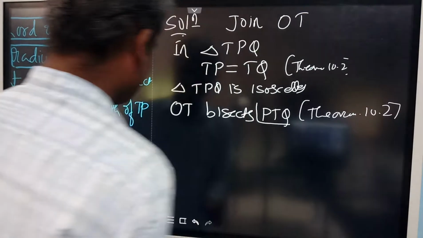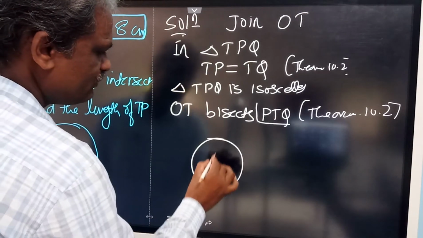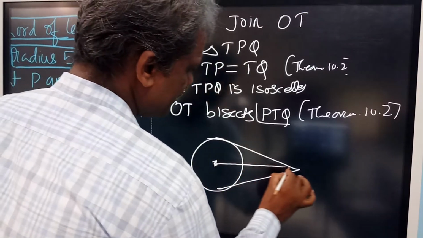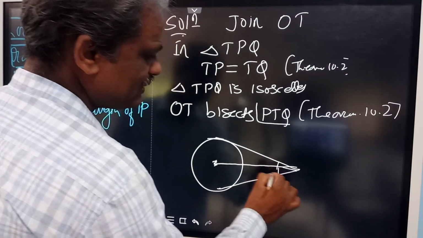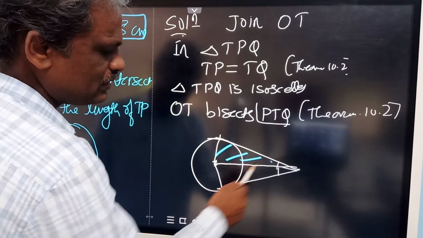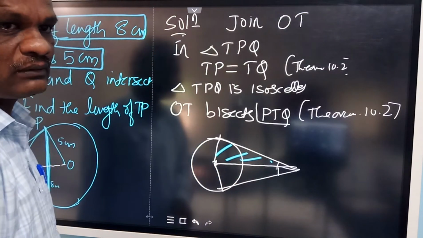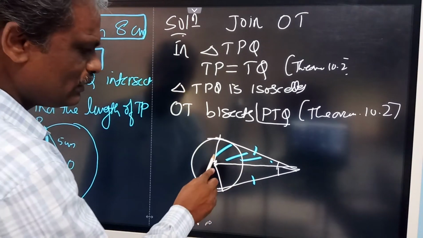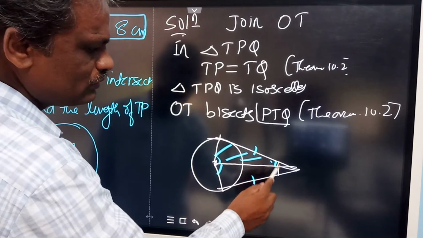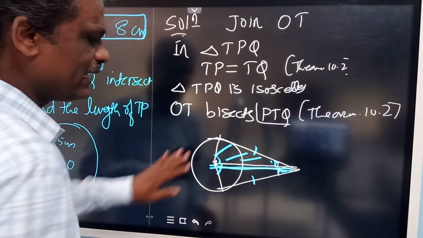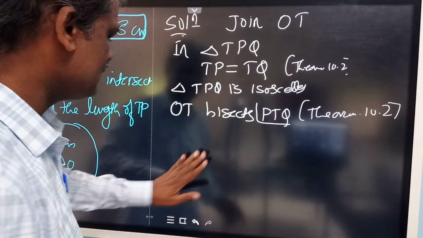If two tangents are drawn from an external point, then the line segment joining the center to that external point bisects the angle, because you can prove the two triangles are congruent, and then the tangents are equal and these two angles are equal. That means this will be the bisector of this angle.